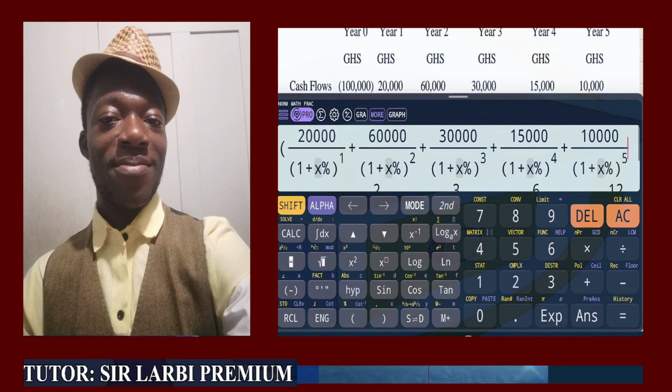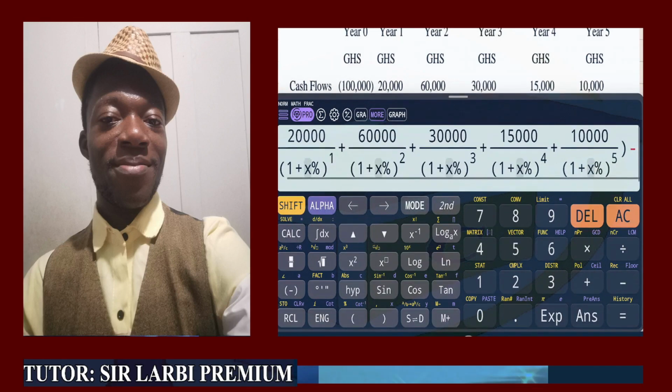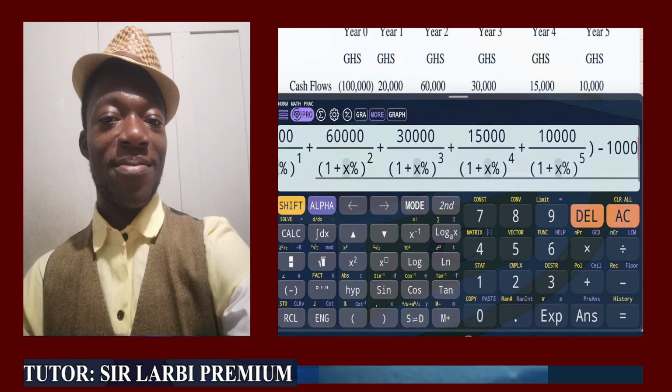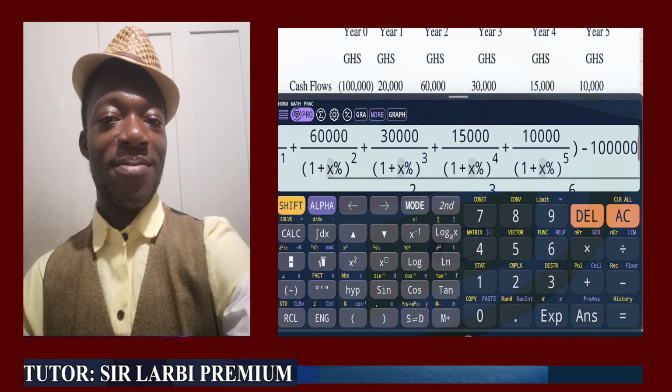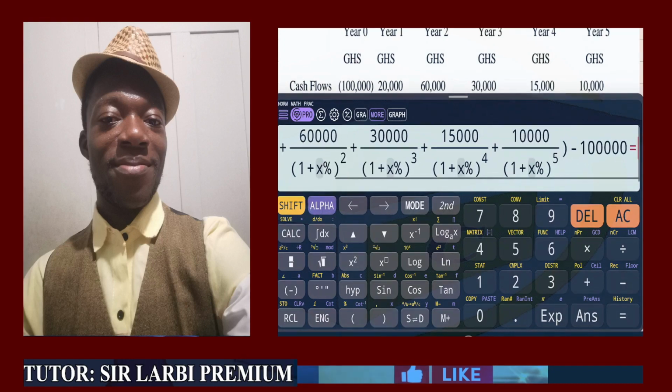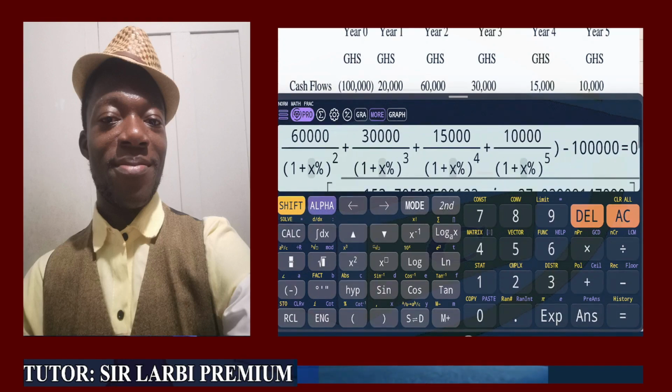Then we close the bracket. Then we compare that to the initial cash flow, which is 100,000. So 100,000, and then we equate that to 0. And let's see what we are getting.